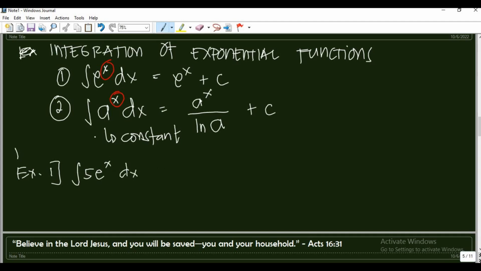Since 5 is a constant, and the exponent of the Euler's number e is x, we can take 5 out. I can write it as 5 times the integral of e raised to x dx. The integral of e raised to x is simply e raised to x plus c. So the integral is simply equal to 5 e raised to x plus c, and this is now my answer for this problem.